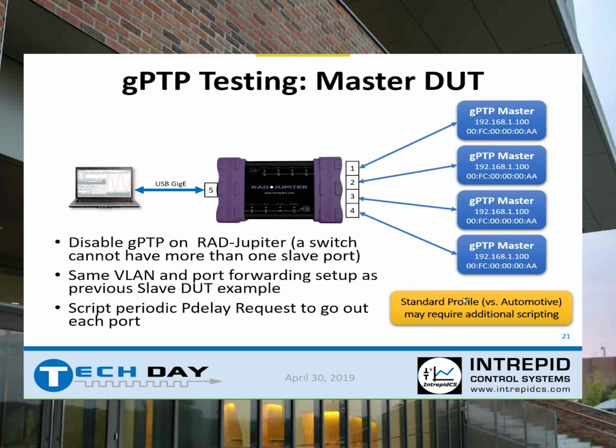So this works pretty well for the automotive profile because of the way Avnu defined the behavior. If you're using the standard profile of gPTP, there may be some additional scripting involved, but it's fairly trivial if you understand what the state machines are expecting.